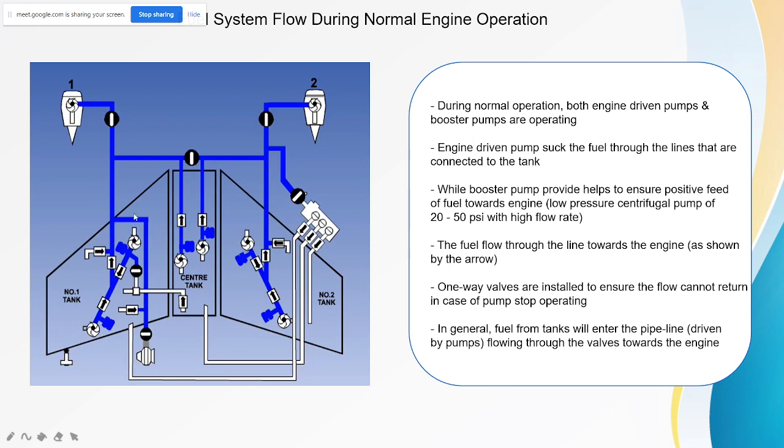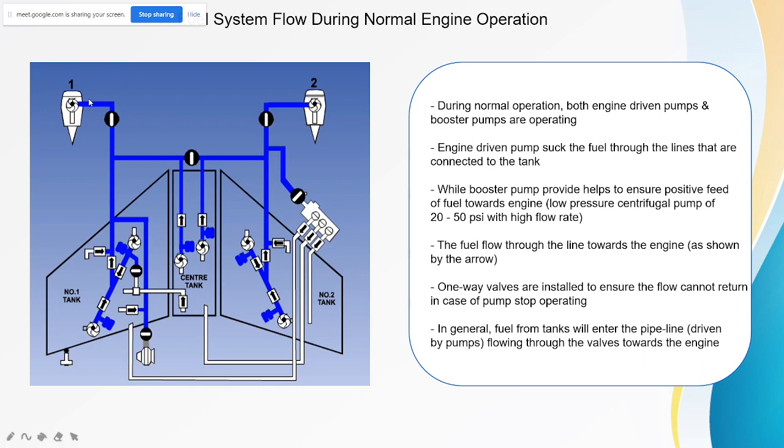When some movement occurs, the fuel in some sections may have instability. So instead of relying on the engine pump to suck all the fuel into the engine, they will be helped by the booster pumps to ensure that the flow is directed towards the engine, to reduce the disturbance.